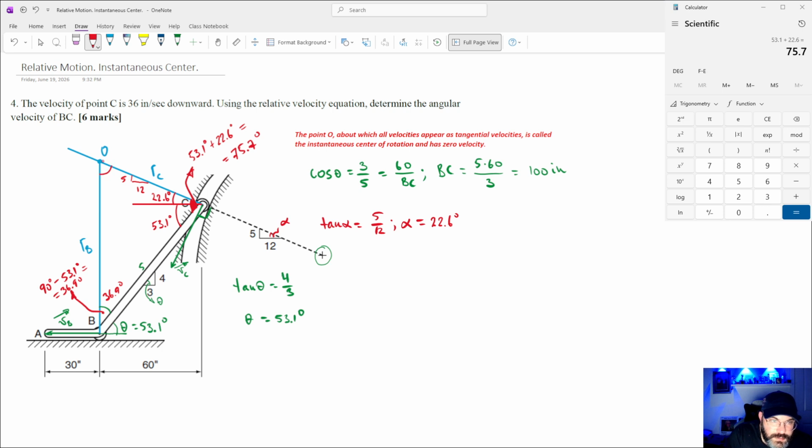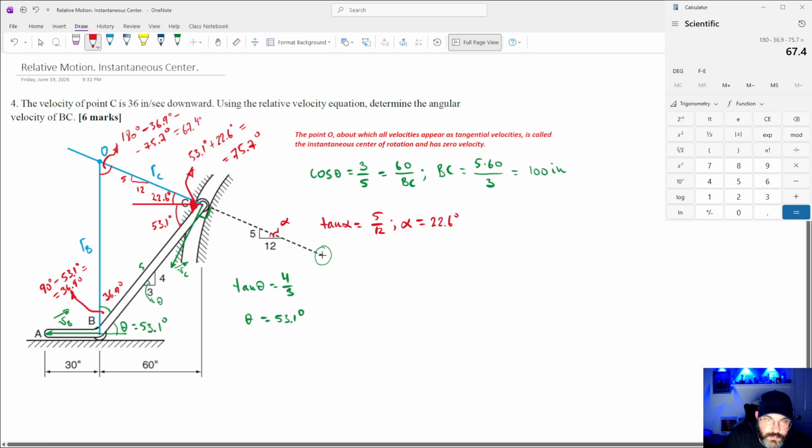Okay, and we can also get this angle here. So this is 180 minus 36.9 minus 75.7, which is 67.4. So this angle here is 67.4 degrees.